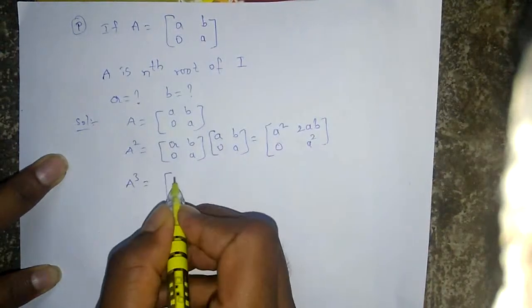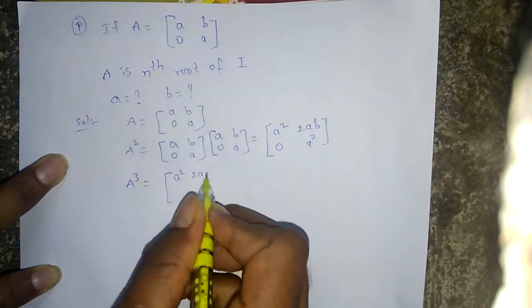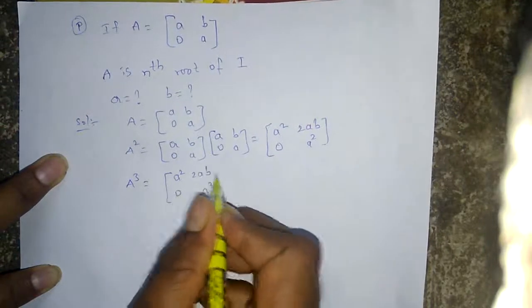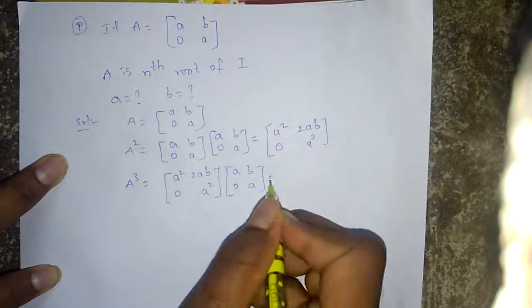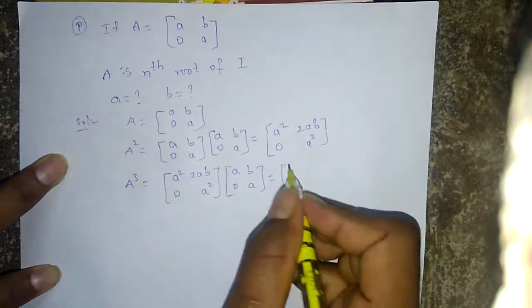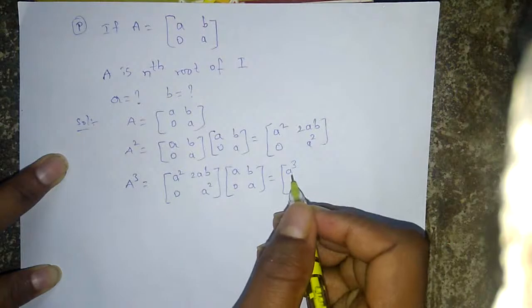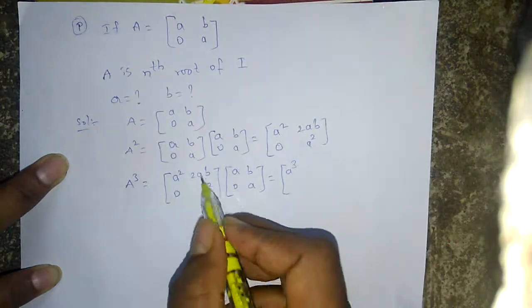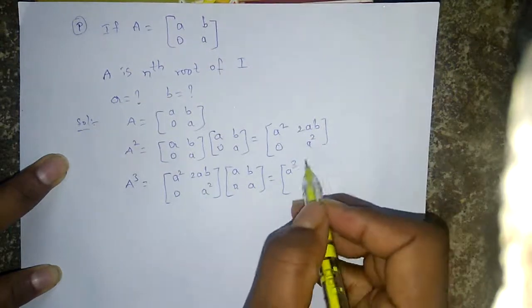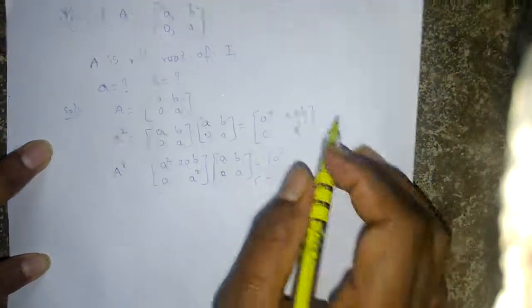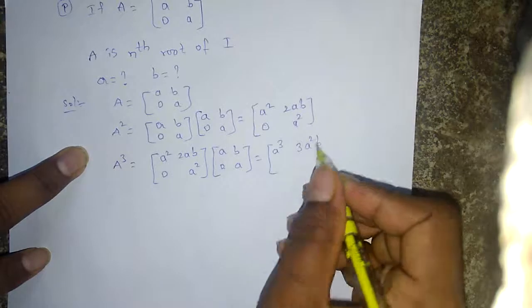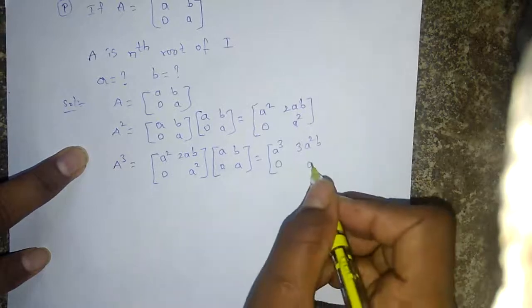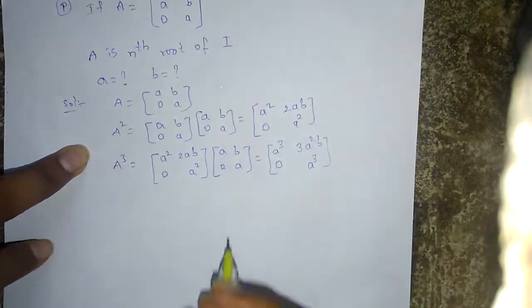A cube means A square into A, that is a square, 2ab, 0, a square into a b, 0 a. So this is equal to a cube, plus 2ab into 0, a 0. Next a square b plus 2a square b, that is 3a square b, 0. This is a cube. This is simple matrix multiplication only.